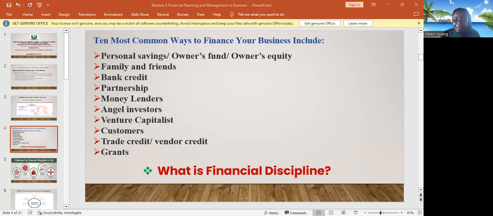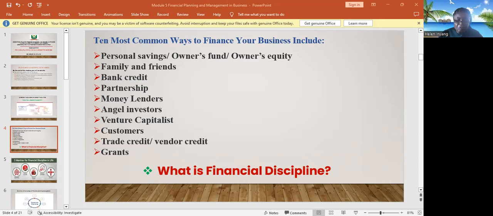So sometimes banks may be more willing to extend credit to a business because the money invested by the venture capitalist is equity. It is good to note that the venture capitalists may demand control over your business. You have to know this. They will demand control over your business.